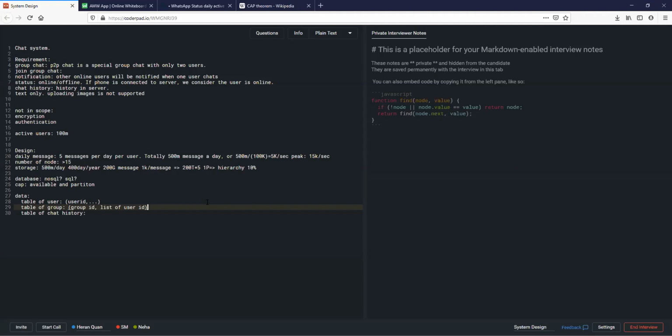Because there could be a query. I think it should be a many-to-many relationship. One group can have multiple users and one user can be in multiple groups. So there should actually be two tables. One is just a group table: group ID, group name. And then a group relation table, which should have group ID and user ID.